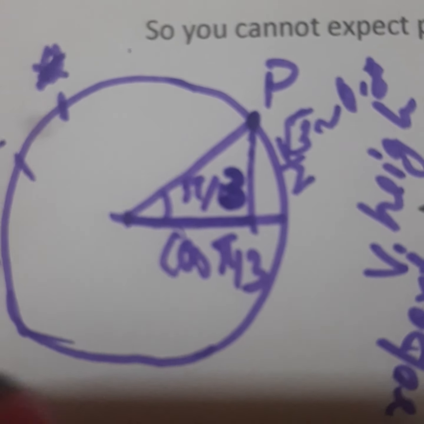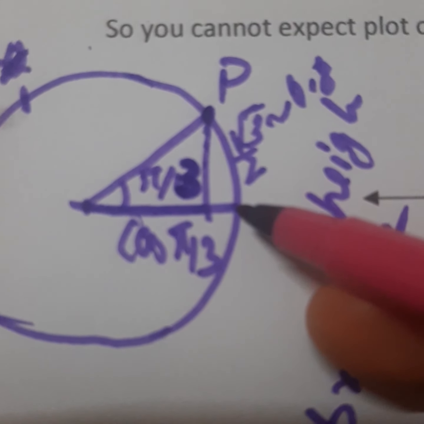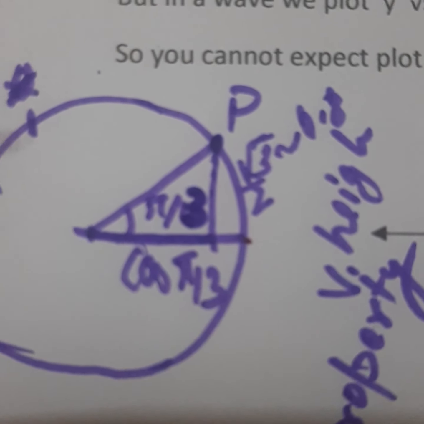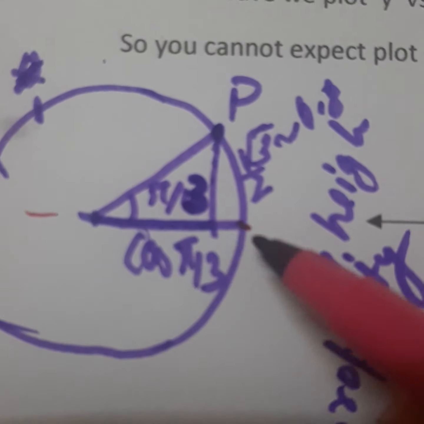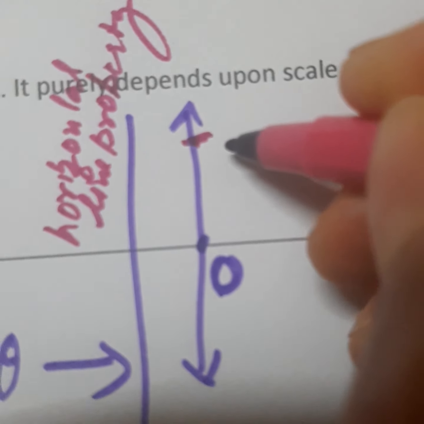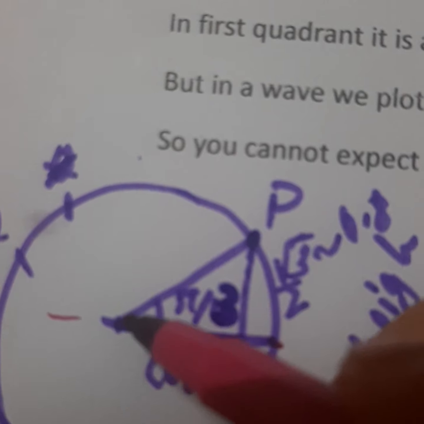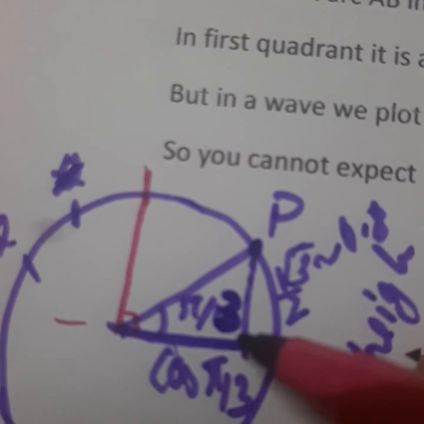When the point is at 0 degree, the horizontal line was maximum. It means the horizontal distance was 1 unit. This is also 1 unit, being a radius. So at 0, the horizontal line was maximum. And at 90 degree it came to minimum, because when it comes here, the horizontal line will reduce.